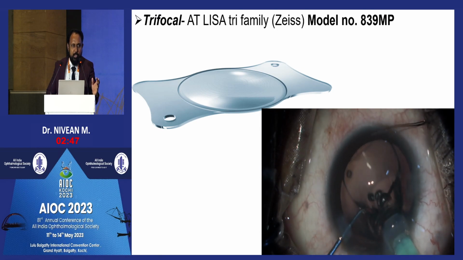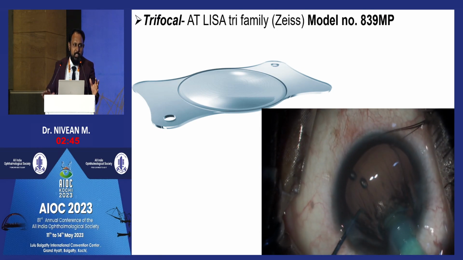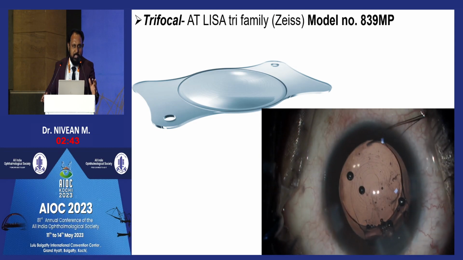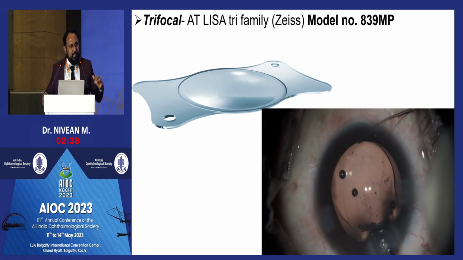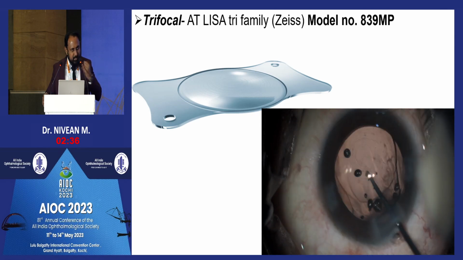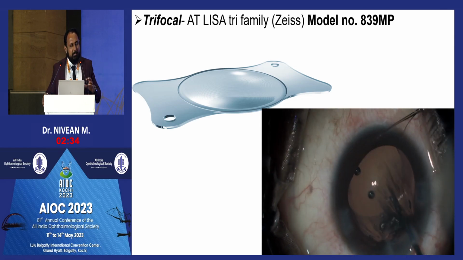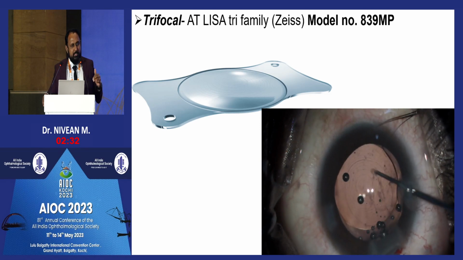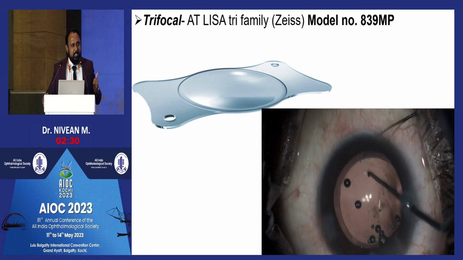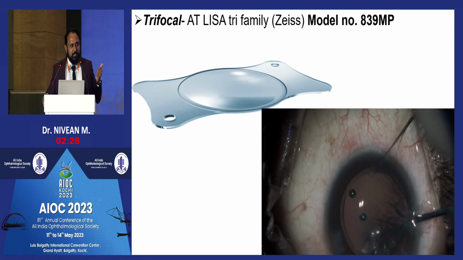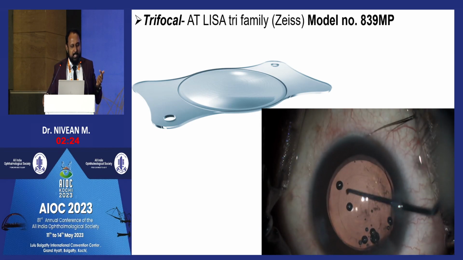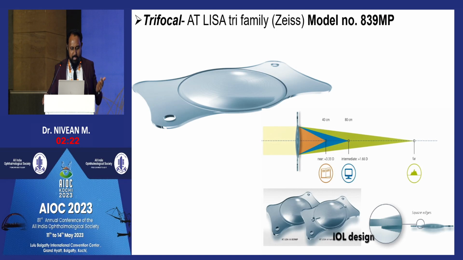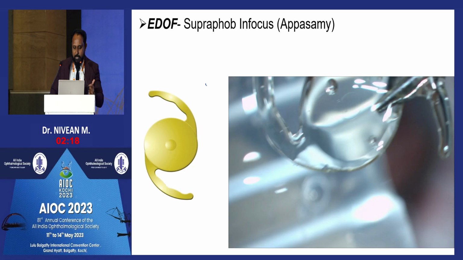Because of the spacing of the rings, it gives you all three ranges of vision, and they have apodization, that is, those sharp edges have been rounded off, so the internal reflection of light that happens in multifocals is lesser, and the loss of light energy is lesser in these trifocals. That is why you get all three ranges of vision with lesser glare and halos. We will never say no glare, because any lens that has rings will have some amount of glare and halos. We just use the words lesser glare and halos as compared to multifocals.